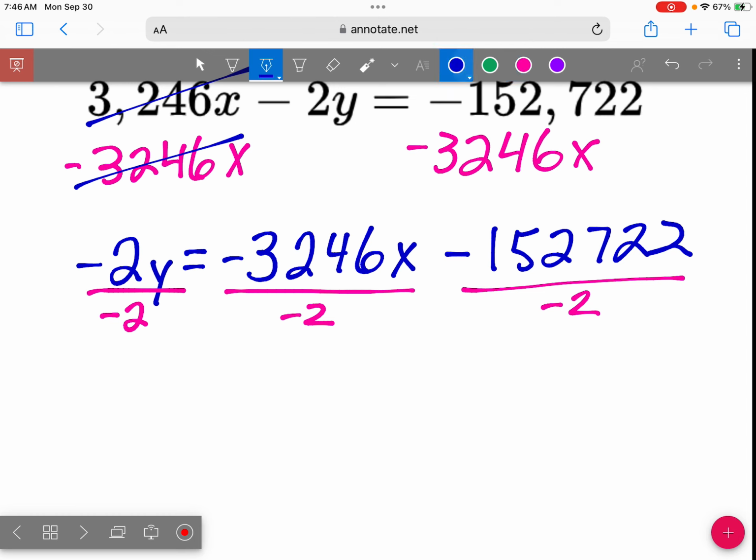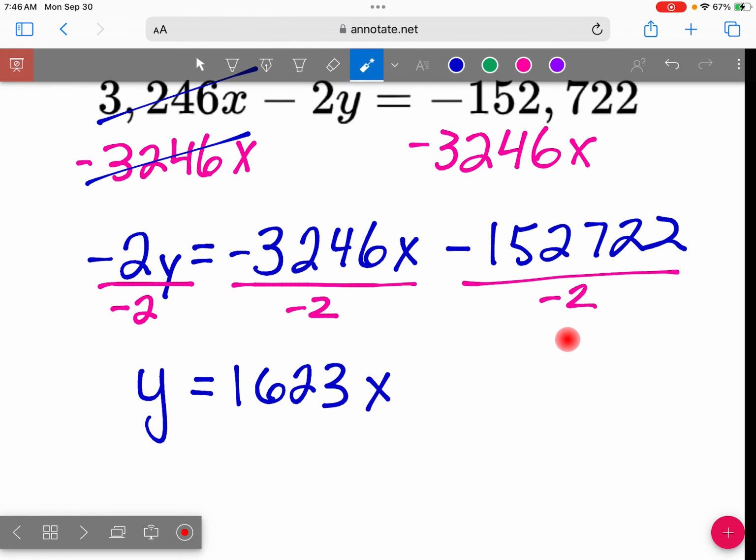You have germs. So y equals, when we take our negative 3,246 and divide it by negative 2, what do we get? 1,623. Is it going to be negative? Because I had a negative number divided by a negative number, it's going to be positive. Be careful with that. Those signs are killer.